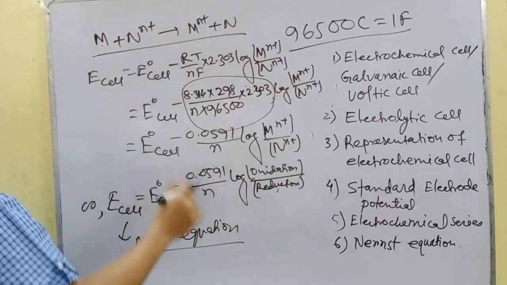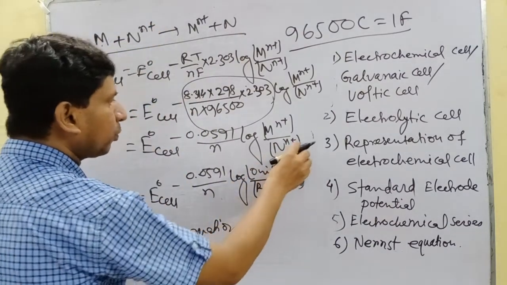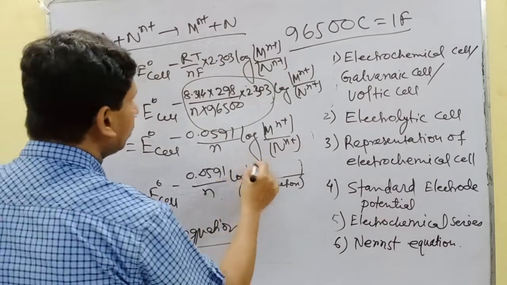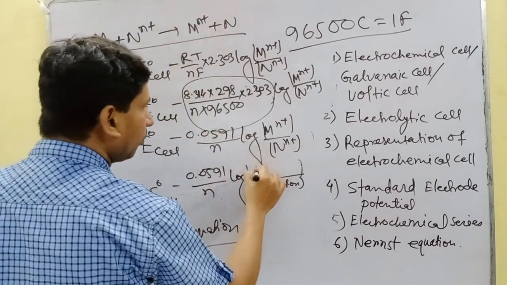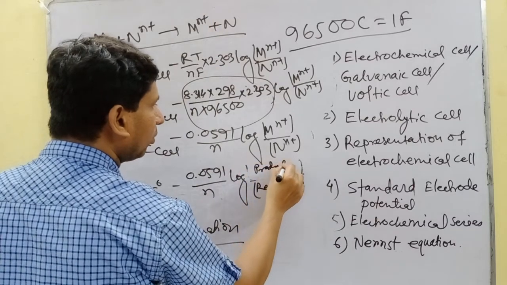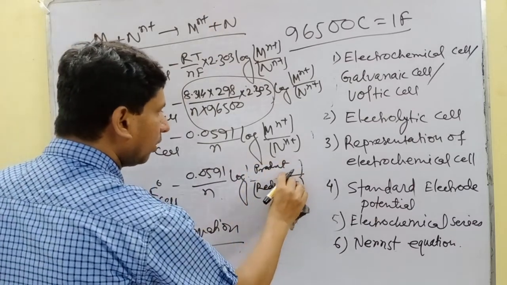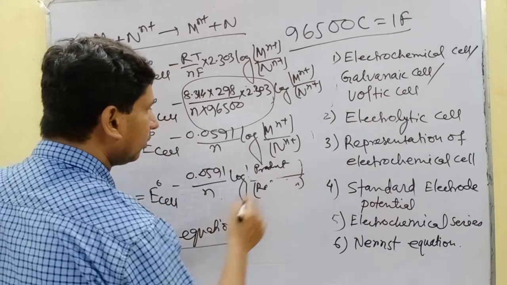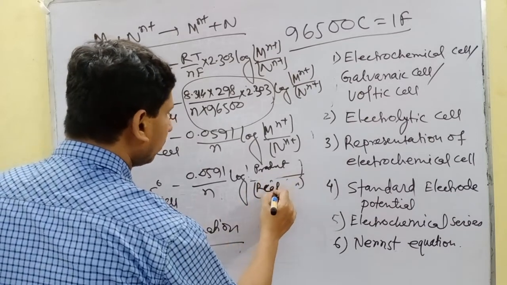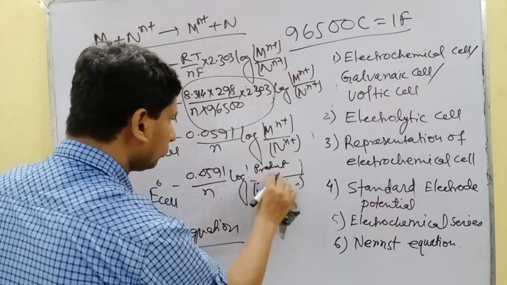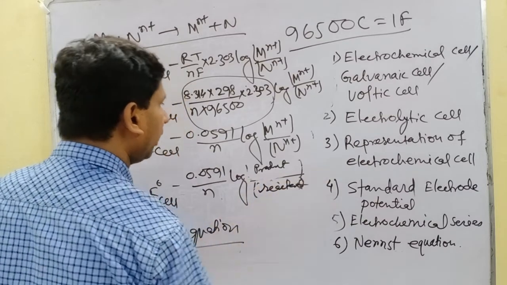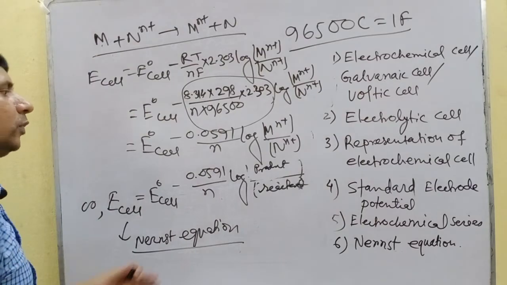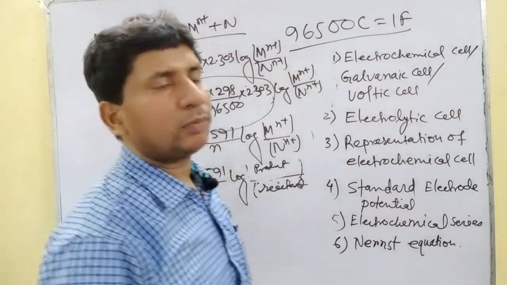So it is the concentration of the product divided by the concentration of the reactant.